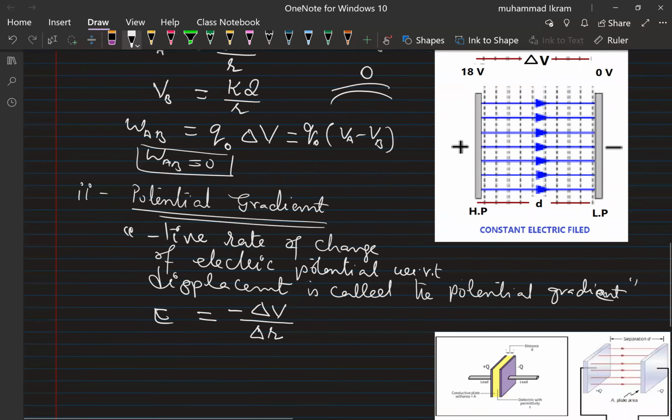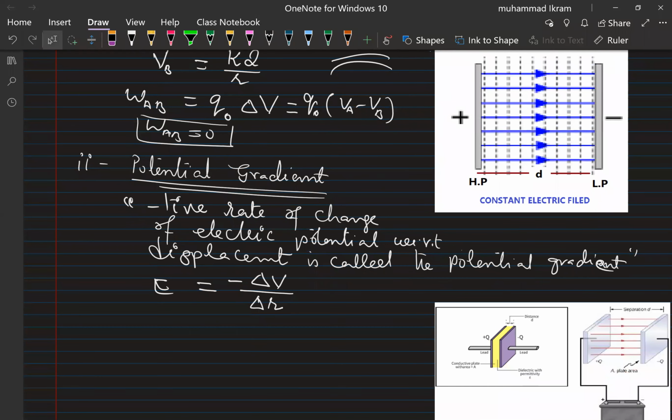That is what your book says. Let me tell you what this means. This tells us that the electric field intensity between 2 points is equal to the negative rate of potential difference with respect to the position.